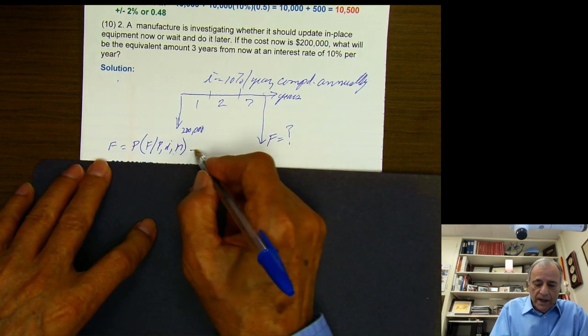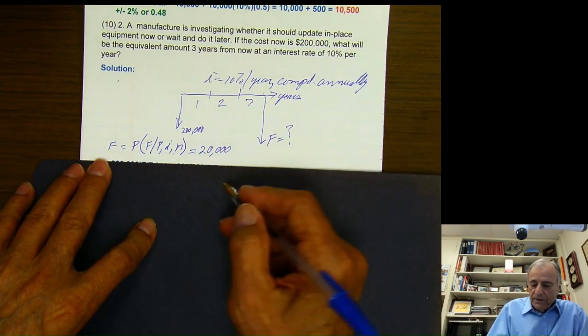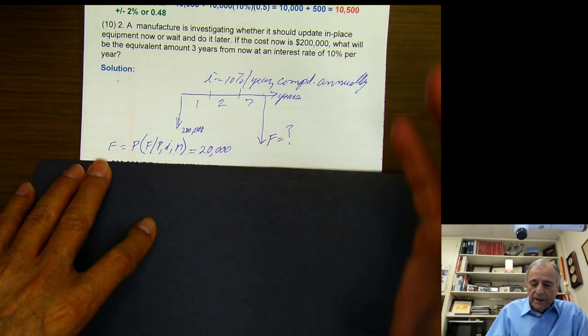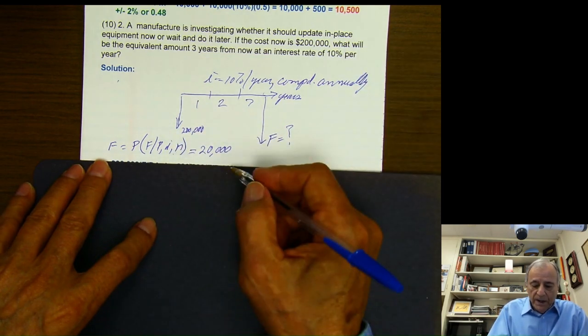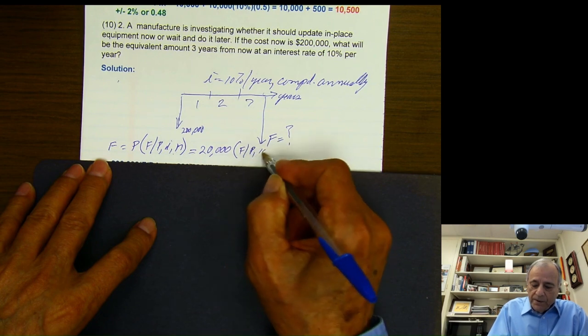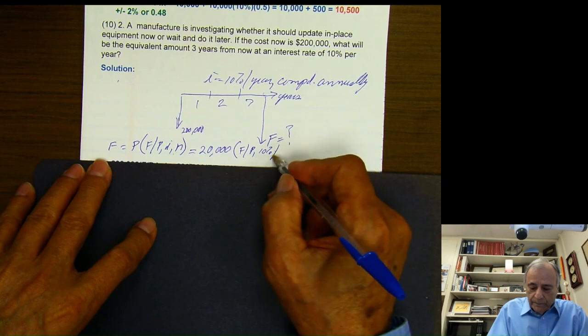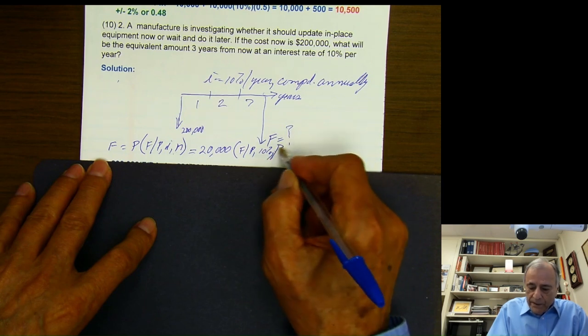So I will have $200,000, and I'm going to use that as a plus number because I want to enter the answer as a plus number. And then times F given P, 10% per year for 3 years.